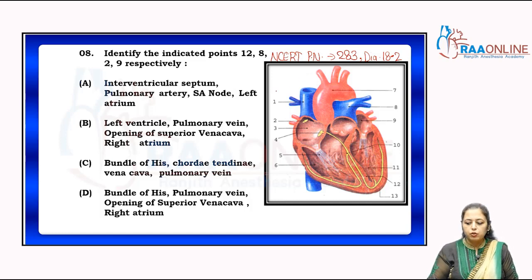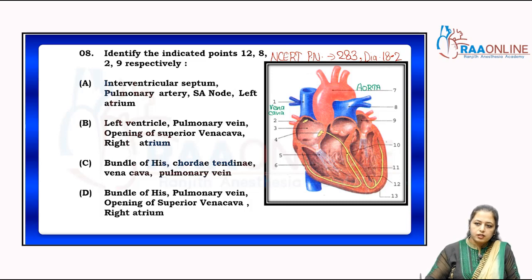Actually, what will happen now? As we know, one is called the vena cava. First we enumerate all the numbers, right? That 7 shows the aorta. That 8 shows the pulmonary trunk. Actually it's the pulmonary trunk, but in NCERT it's just given as the pulmonary artery, right?